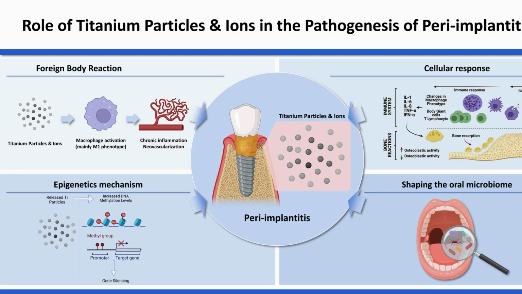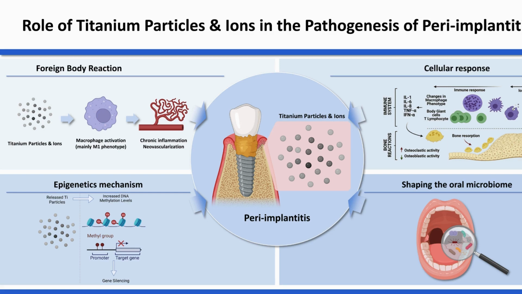So we may have an otherwise healthy patient who is not a smoker and does not have diabetes or high blood sugars, but still has bone loss, because they happen to have some form of osteopenia or osteoporosis or some form of mild or moderate systemic inflammation in the body that could lead to bone loss around dental implants.